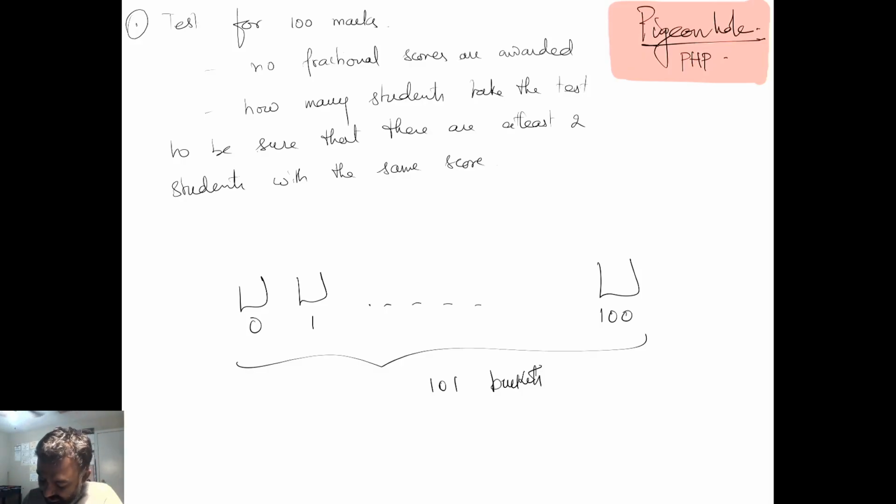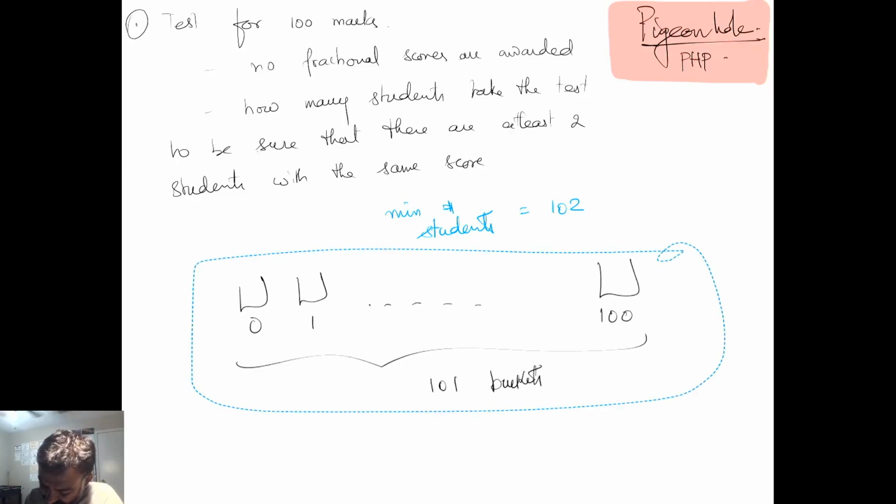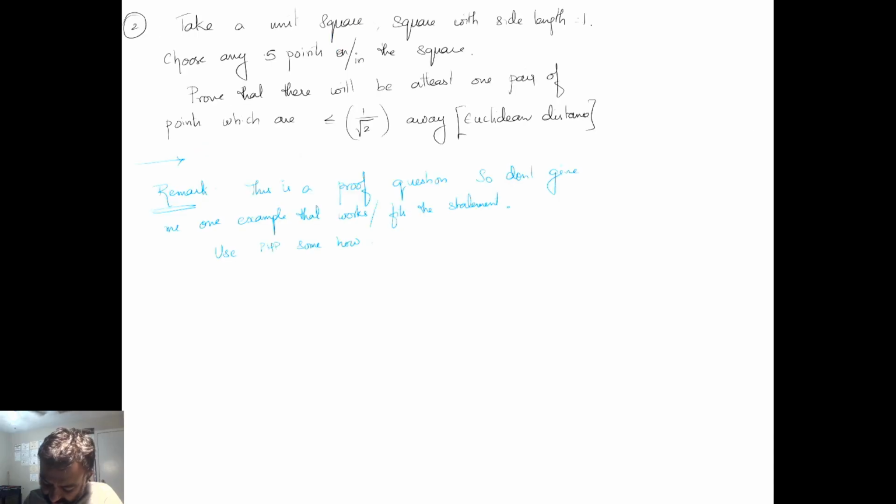So the total number of students is 102. That's the minimum number of students. So it's equal to 102. Does that make sense? Okay, this is clearly the answer. This is straightforward pigeonhole.